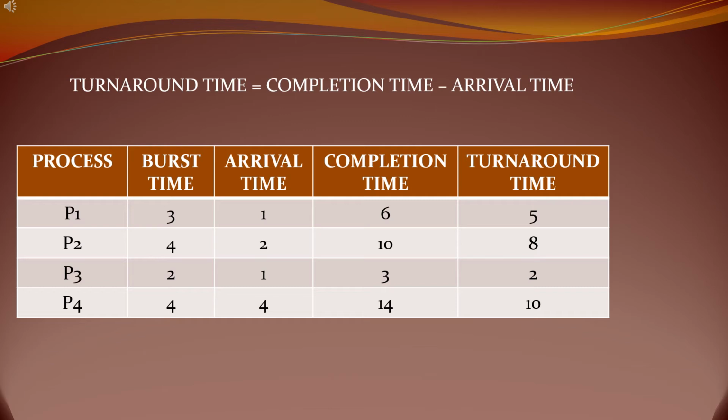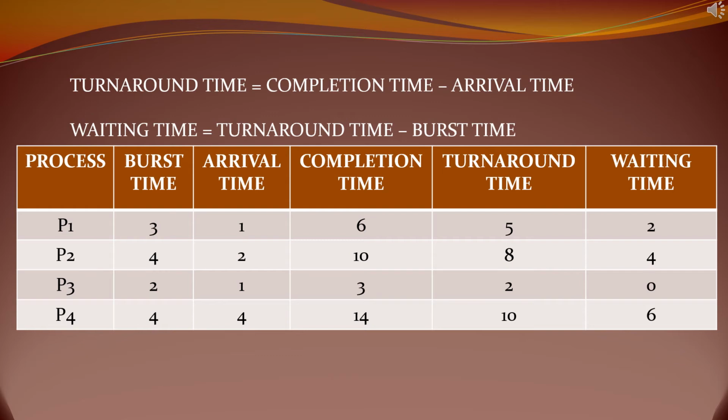And the turnaround time for the process P2 is 10 minus 2 equal to 8. The turnaround time for the process P3 is 3 minus 1 equal to 2. And the turnaround time for the process P4 is 14 minus 4 equal to 10.